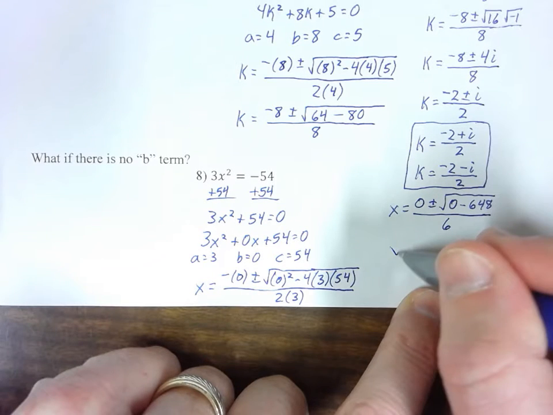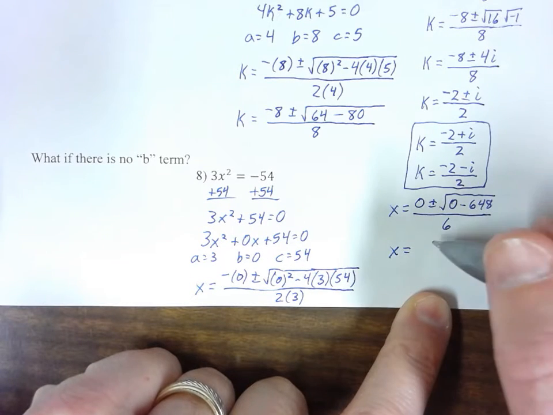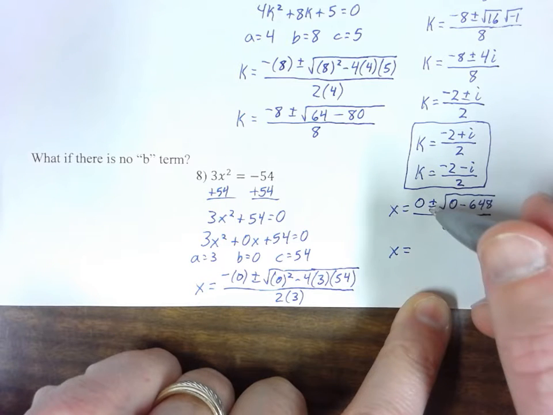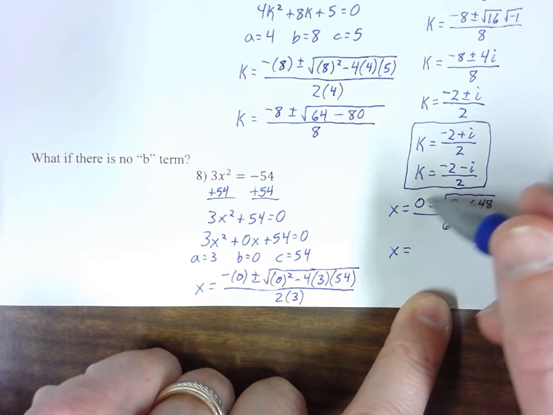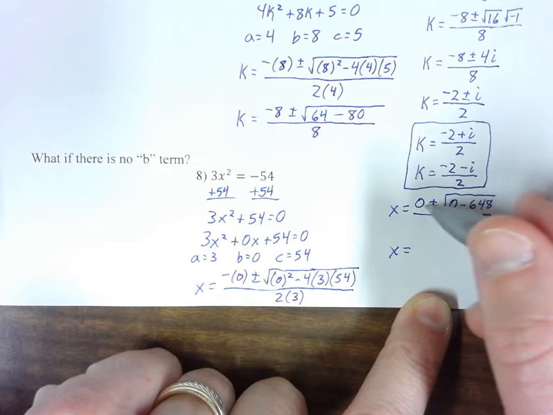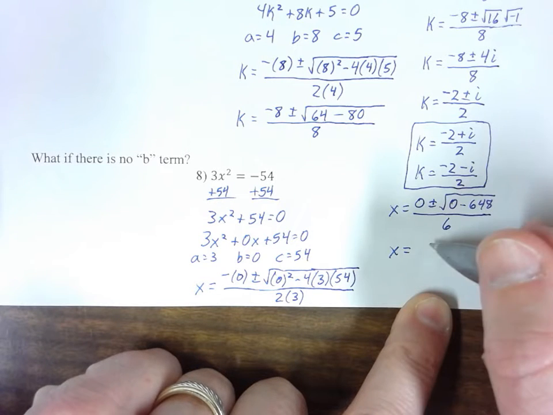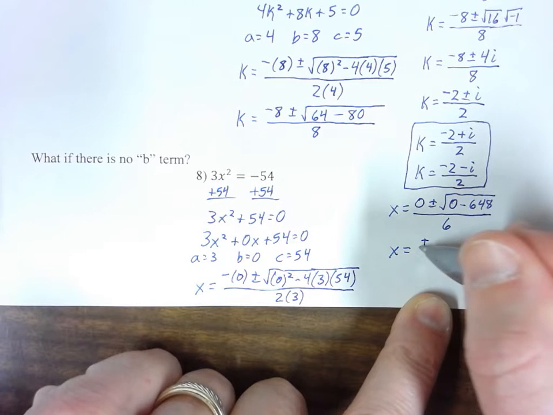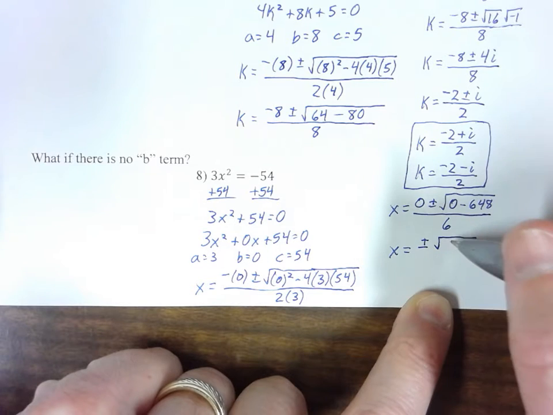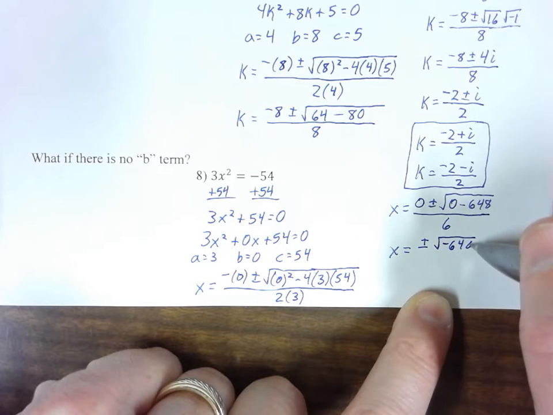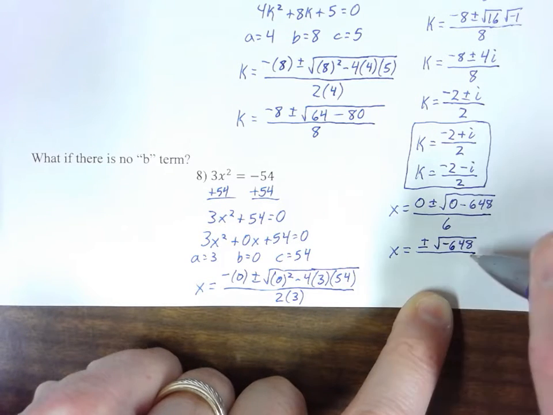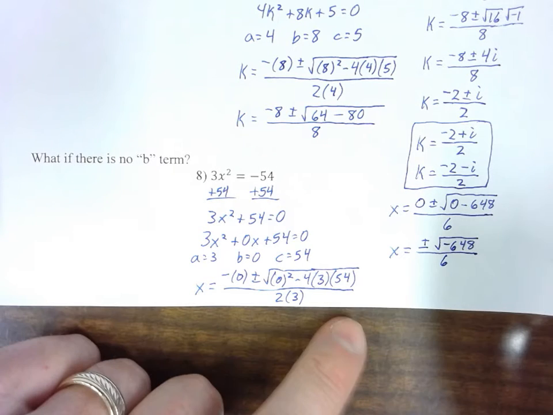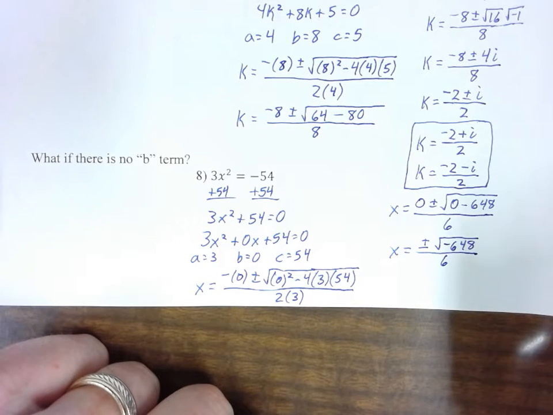So I've got 0 plus or minus. If I have 0 here, adding or subtracting from 0 doesn't really do anything. So I'm just going to write plus or minus the square root of negative 648. So now I just got to simplify the square root of negative 648.